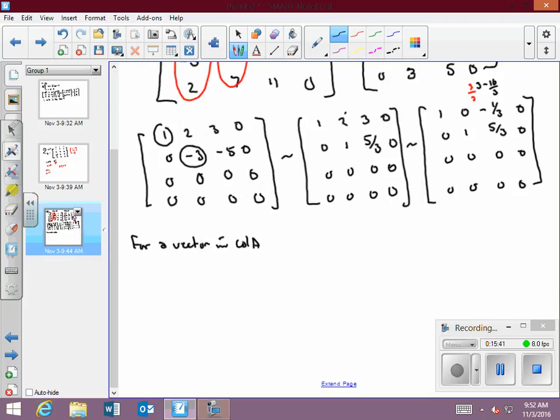Now then, what you do is you do parametrics. You'd say x1 minus 1/3 x3 equals 0, right? And then x2 plus 5/3 x3 equals 0, and then x3 is free.